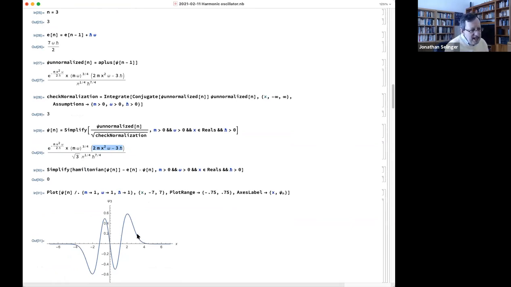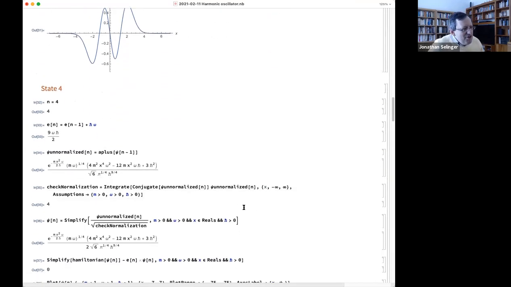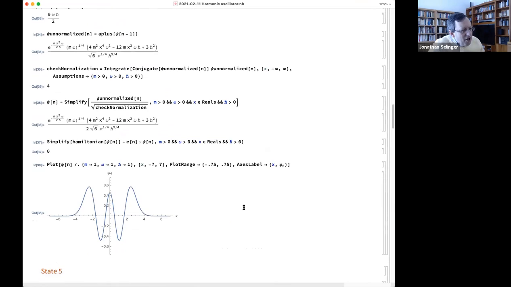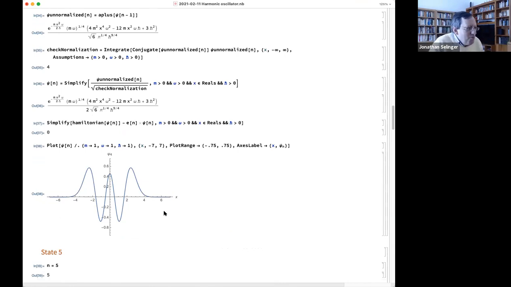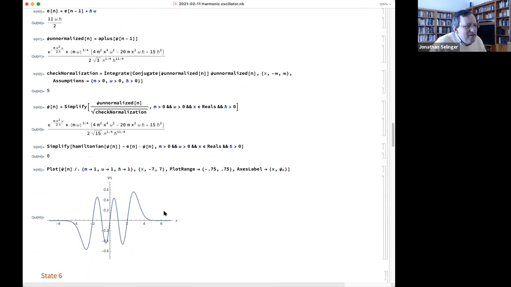And it has one more node. And maybe I'll fast forward through more of these. So for n equals 4, one more node, and getting a little more spread out. n equals 5 continues that pattern.